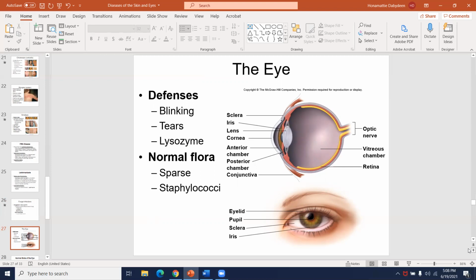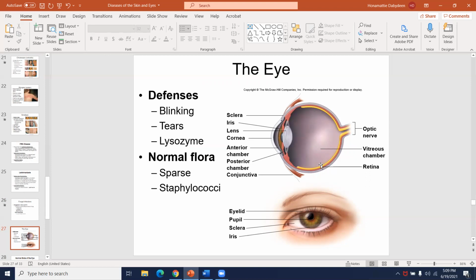But you can think about the eye as most of it kind of hidden from the external. It's not exposed. A lot of the eye is hidden. But it is one of those portals of entry for organisms.